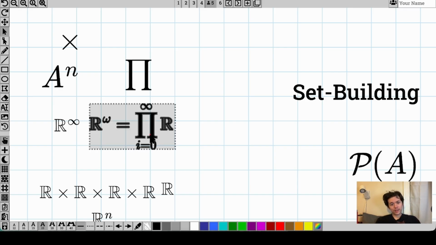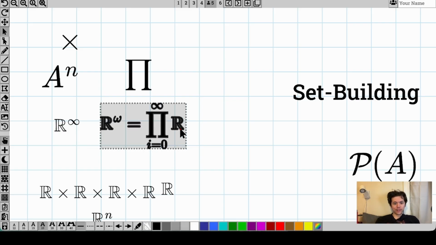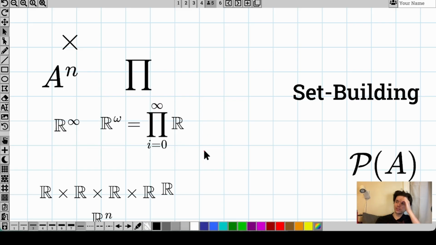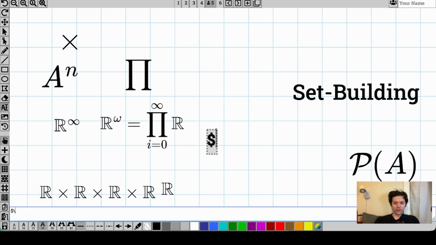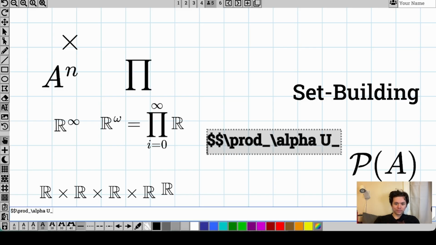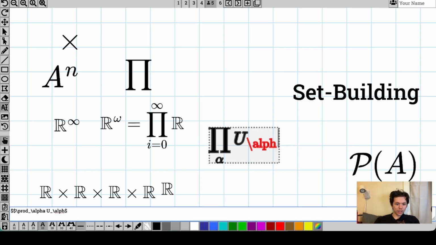But the product also allows you to do stuff like, oftentimes you'll have some construction where you're doing some big product over some index alpha of U alpha, where each of these U alphas are different.